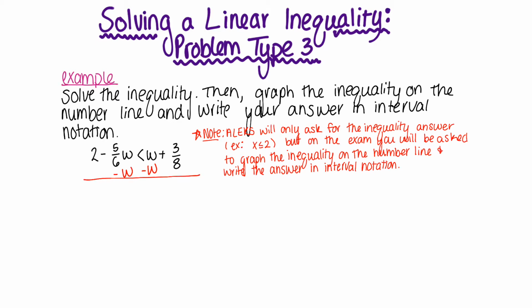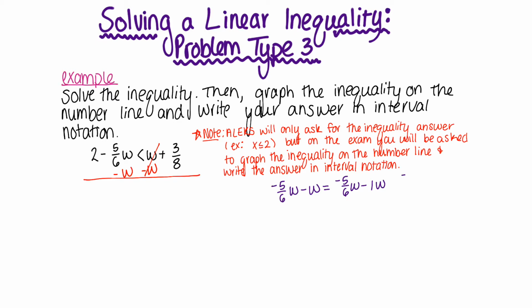So if you have w, to get rid of it, you're doing minus w. Now, what's going on right here, we have negative 5/6w minus w. This is the same thing as saying negative 5/6w minus 1w.